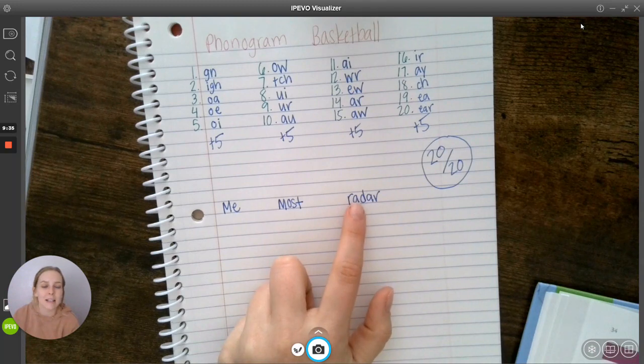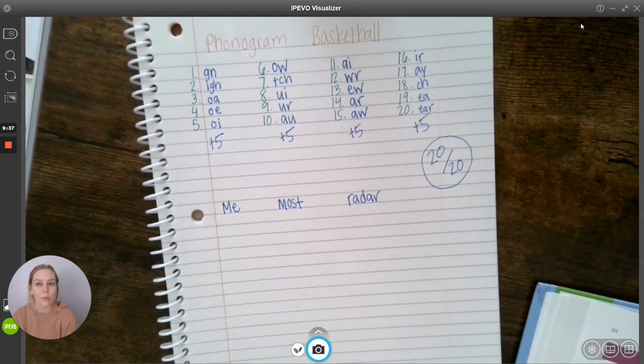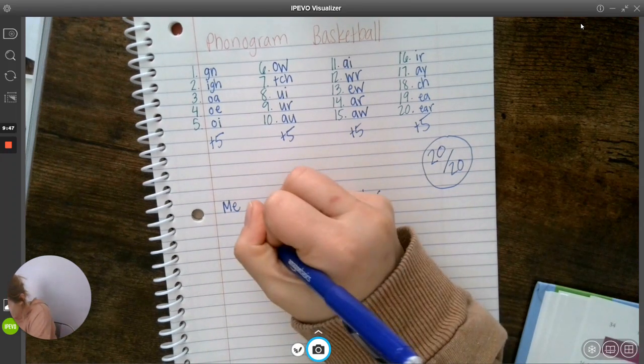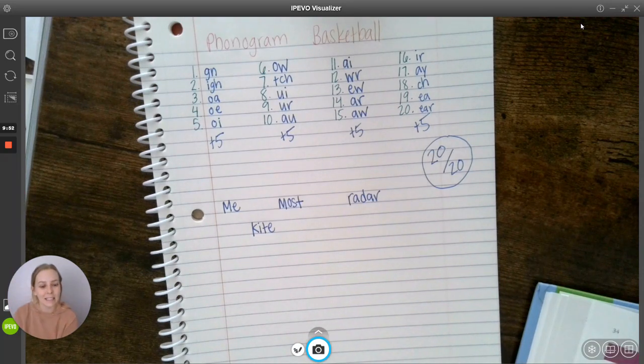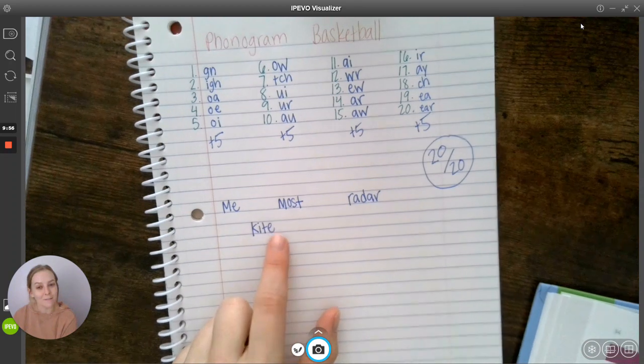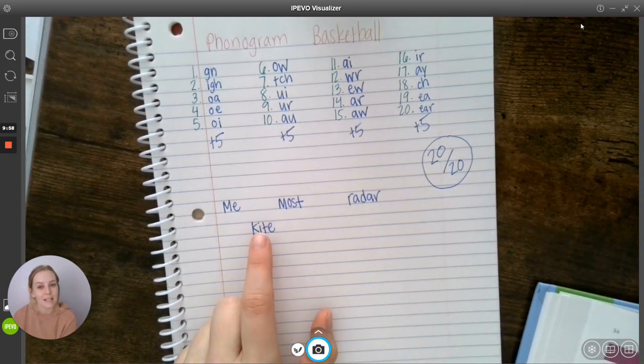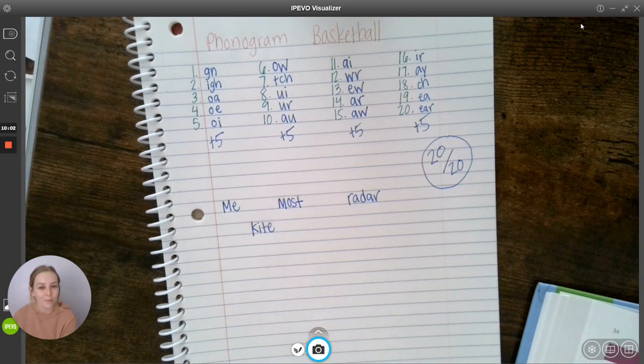Why is A saying its long sound there? Radar. Because it's at the end of the syllable. Very good. So it says its long sound. What about kite? Kite. This is our new one. That silent final E makes the vowel say its name. Very good.